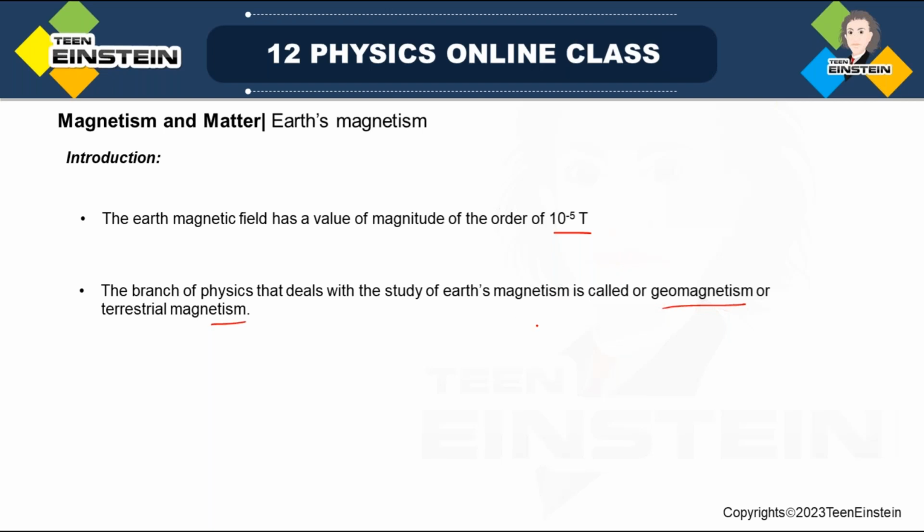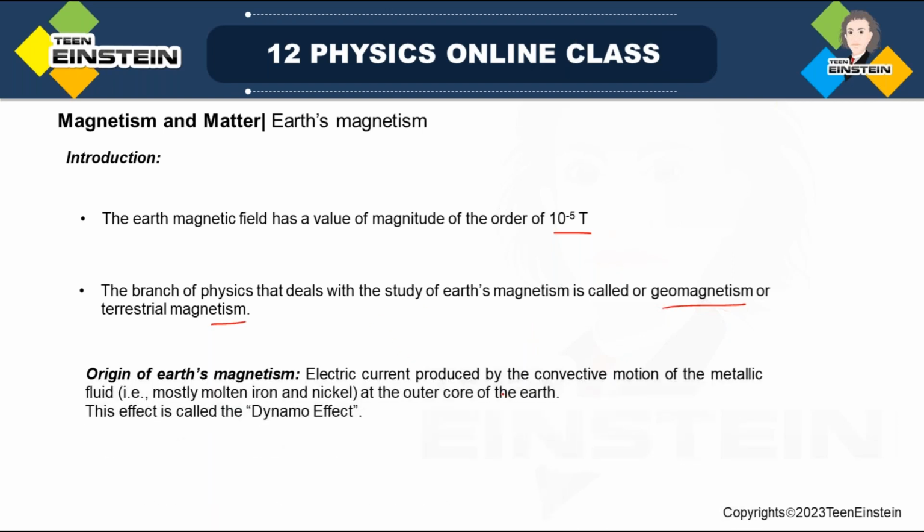There are many theories, but the most authentic explanation of the origin of Earth's magnetism is the convective motion of molten metallic fluid, that is molten iron or nickel.